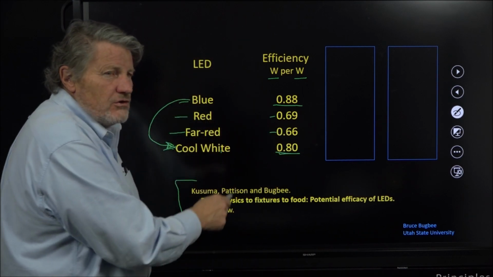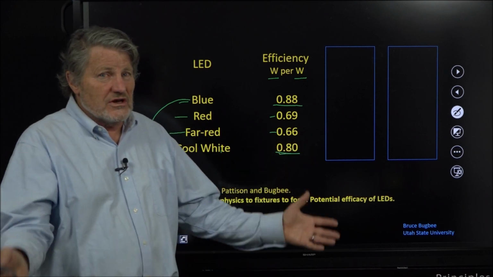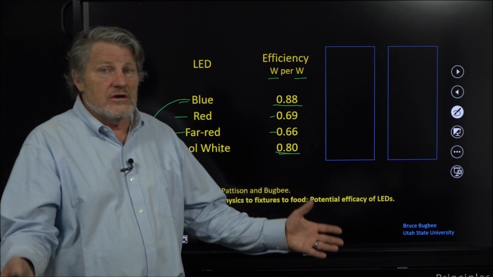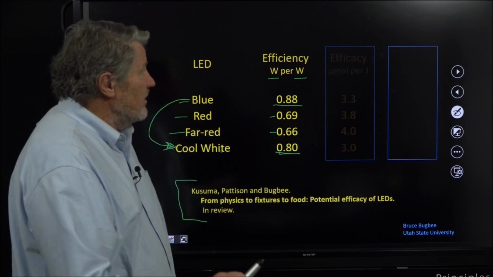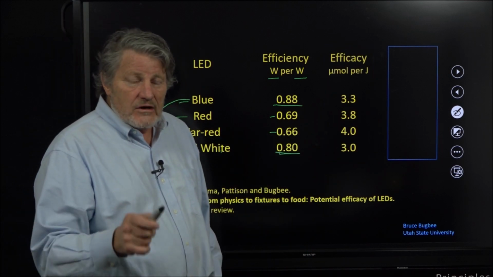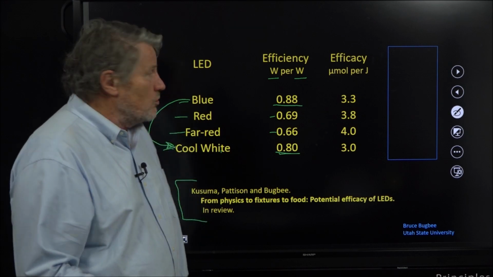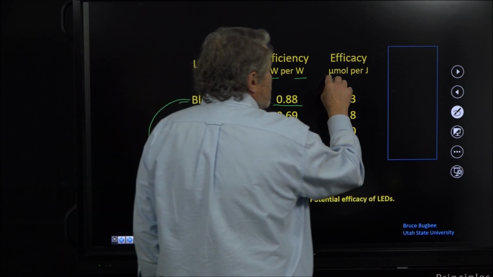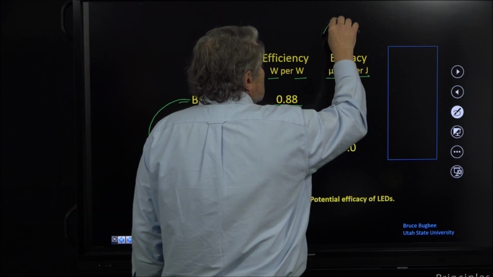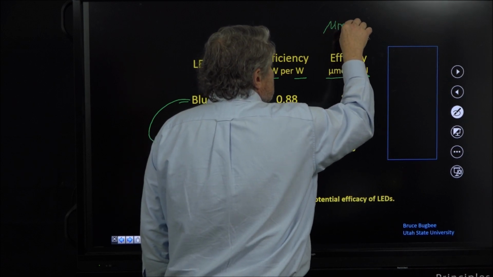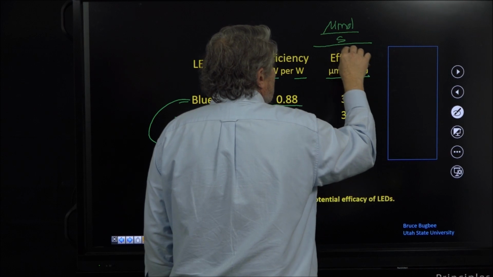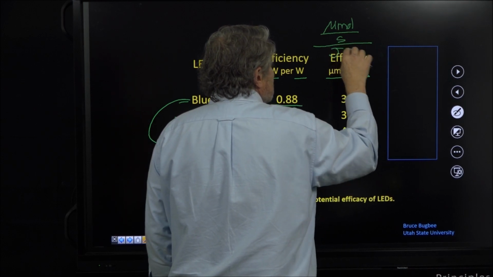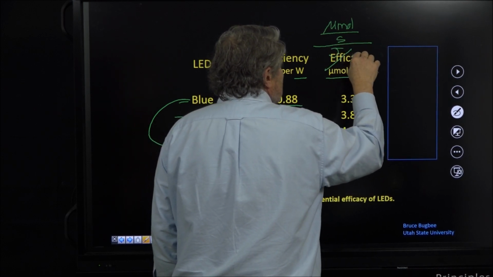Now this is energy, but remember, energy doesn't drive photosynthesis. The number of photons do. So this column is the micromoles of photons per joule. Let me review this number. This is micromoles per second over joules per second.